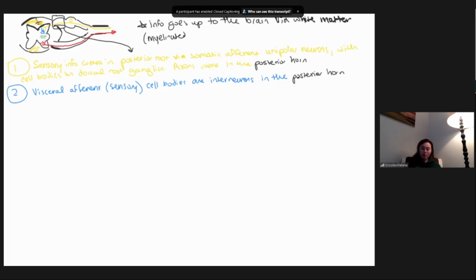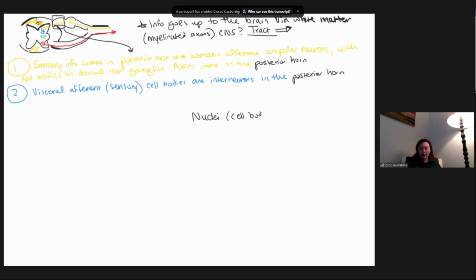Does anybody remember what a group of myelinated axons is called in the CNS? Tract, right? Good. What is a very large tract called? Anyone remember? Okay, good. So we remember that we have nuclei, which are our cell bodies.